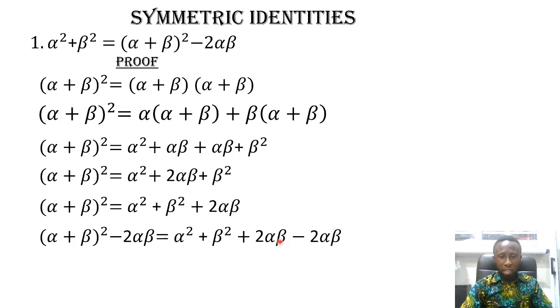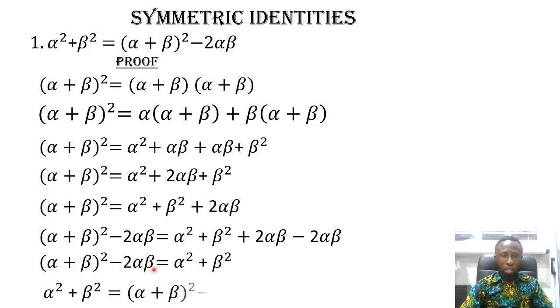So alpha square plus beta square is what? Alpha plus beta all square minus 2 alpha beta. This is the proof. So it has been proved. Good. So take note of this proof.